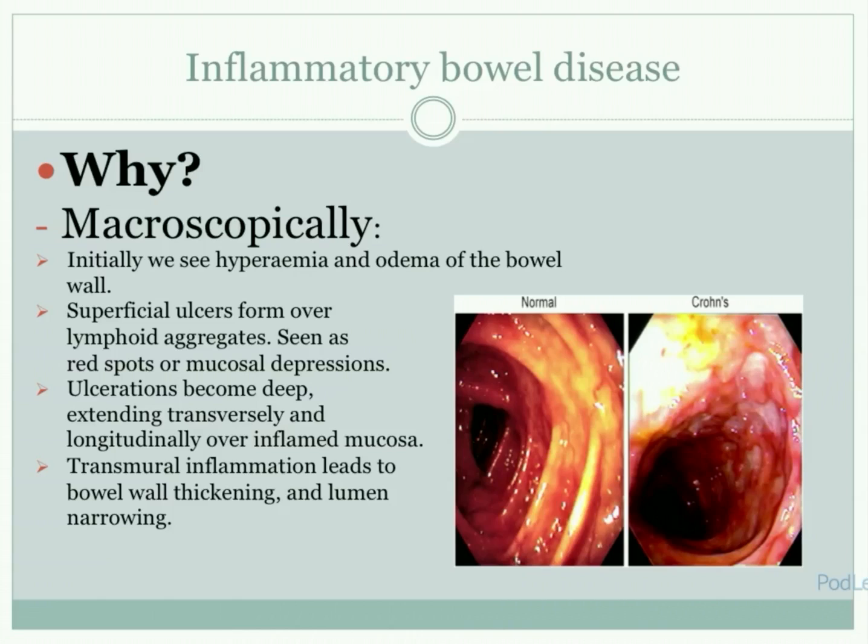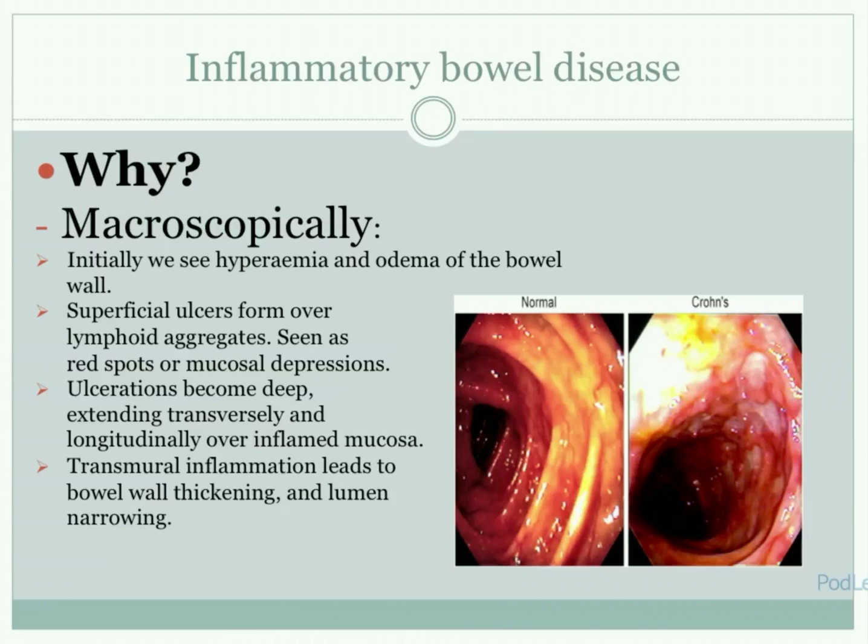Macroscopically, we see hyperemia, which is just increased blood flow, and edema of the bowel wall. Superficial ulcers form over lymphoid aggregates, and these are seen as red spots or mucosal depressions. Ulcerations become deep, and they can extend transversely or longitudinally over the inflamed mucosa.